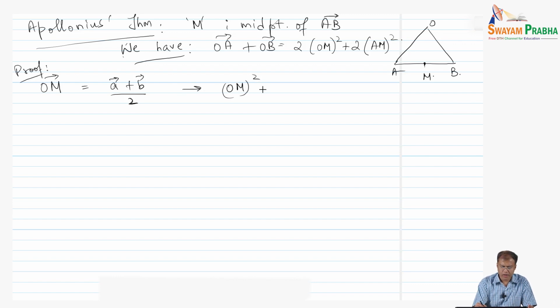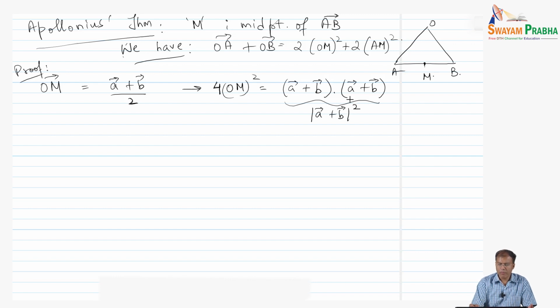So we can find 4 times OM square, right? So 4 times OM square is (A plus B) dot product with (A plus B). Using our previous property, this is also the magnitude of A plus B whole square.